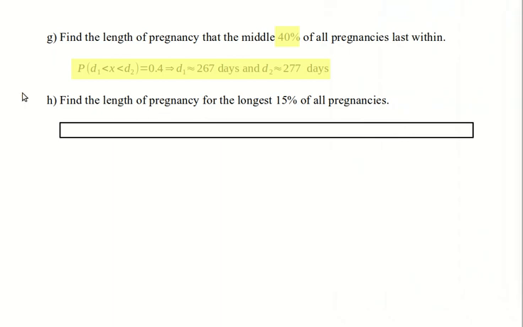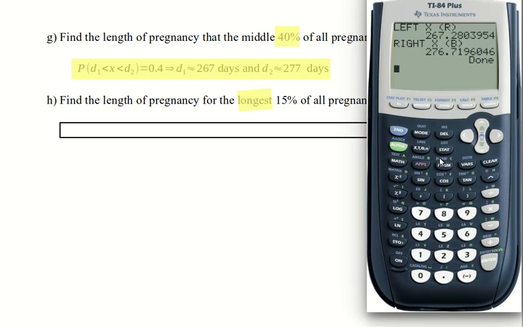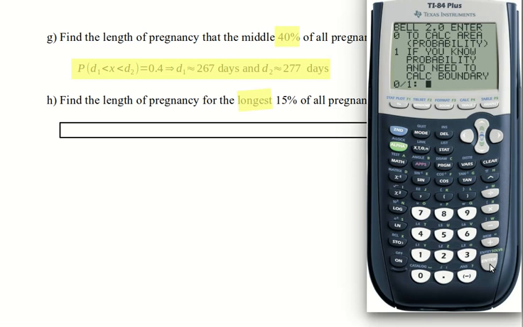The next question says, find the length of pregnancy for the longest 15% of all pregnancies. Here the key word is longest. So let's get Bell and let's figure out what that boundary is. So I'm going to go into programs and I'm interested in finding that boundary. I've got the probability. It says if you know the probability and you need to calculate the boundary, press 1.